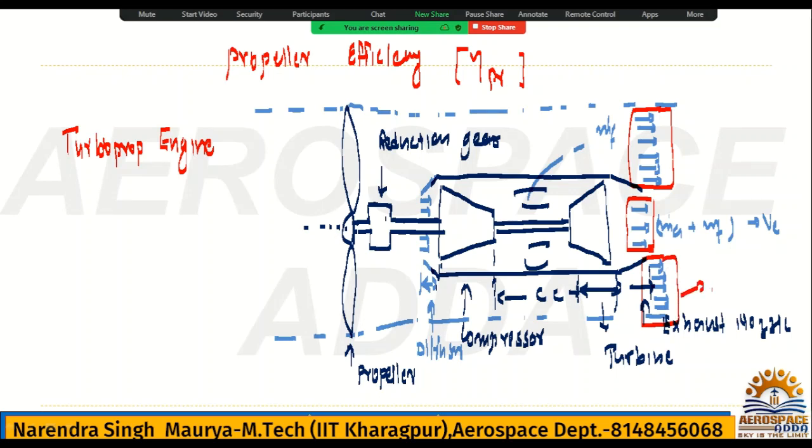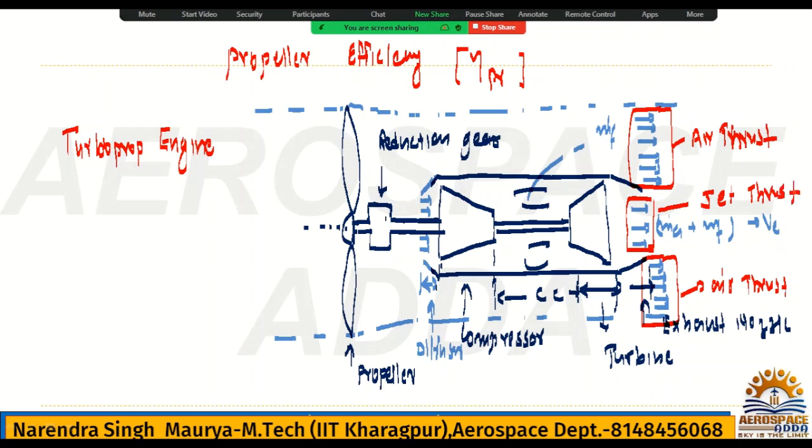So this is the air thrust. Okay, this is the air thrust. Air thrust means directly coming from the propeller, and this is the jet thrust. So you can imagine jet thrust will be very little in the case of the turboprop. That is my point to explain here.